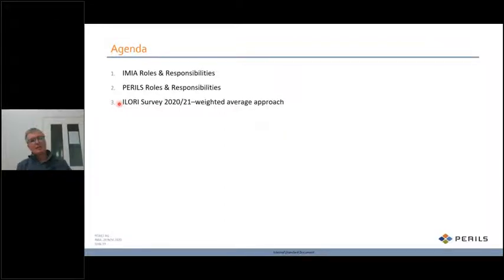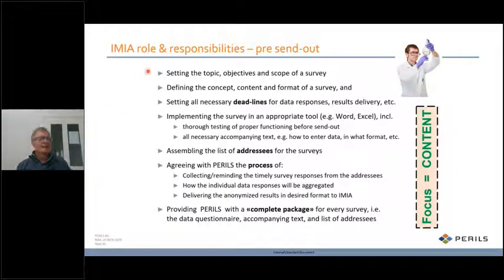Okay, Simon, next slide, please. Now, IMIA's role and responsibility stays in the designing part at the beginning, the same as it used to be always. It is about defining the concept, content, and format of the survey.